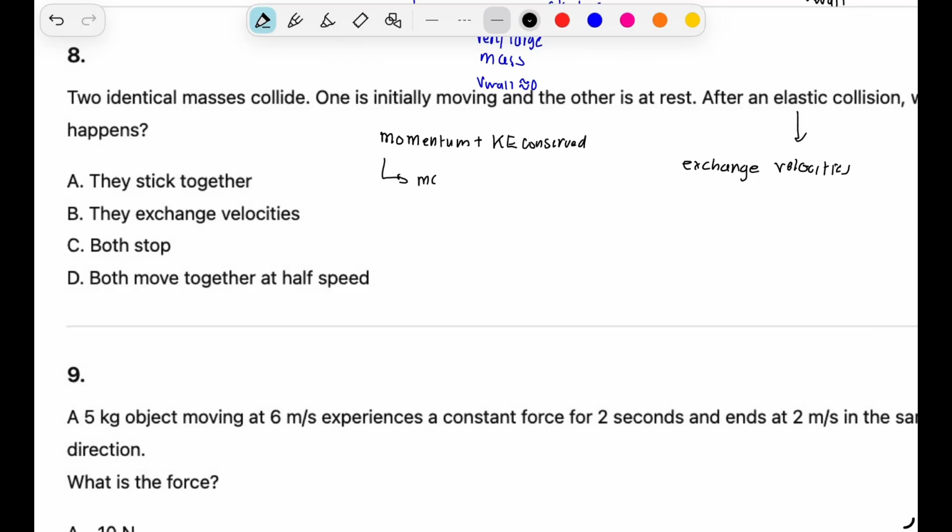So the only option is that the moving object stops and your stationary object takes its velocity.